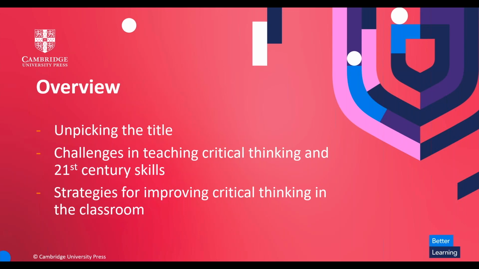What do we actually mean when we talk about these things? Then looking at some of the challenges of teaching critical thinking and 21st century skills and why it's hard, and hopefully maybe why there's so many of you here today to try and find out more about this. And then finally, some strategies for improving critical thinking in the classroom itself. So practical takeaway tips, hopefully, to make that more effective.